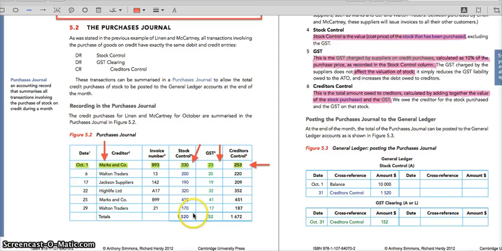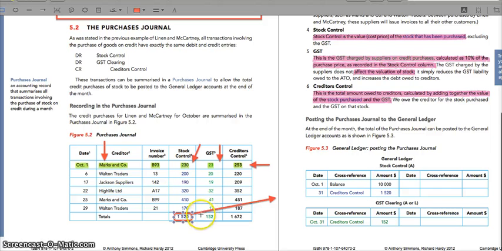Now, when we post to the general ledger, we just see that instead of having all these transactions here in the stock control, we just take this one summarized figure and we put it straight into the stock control in the general ledger.